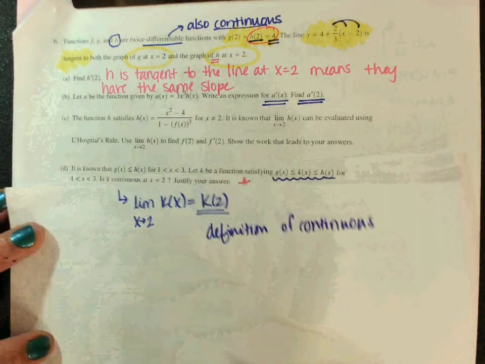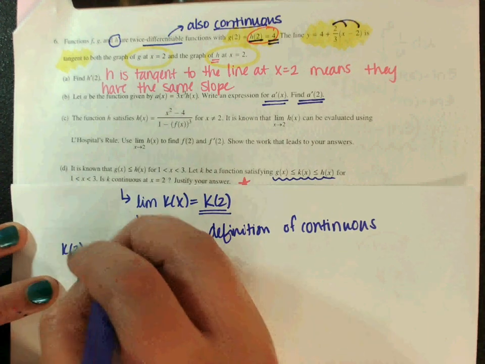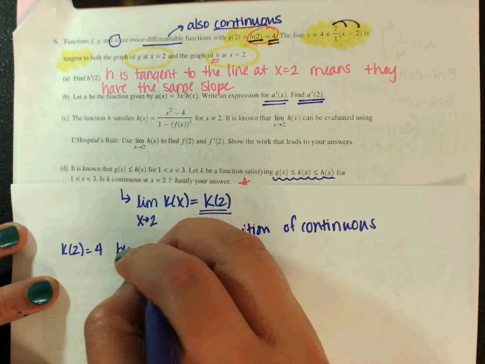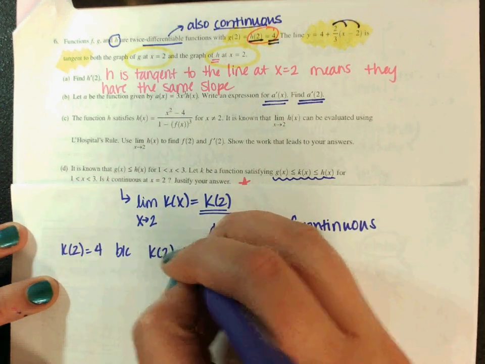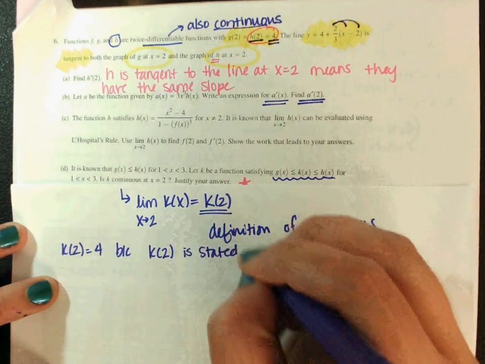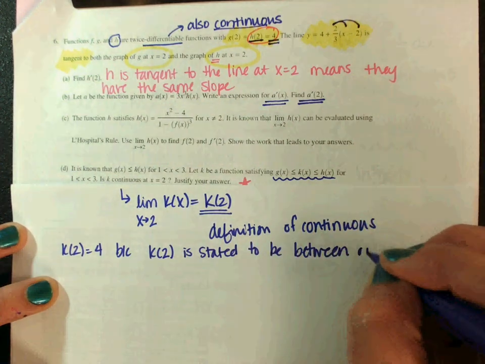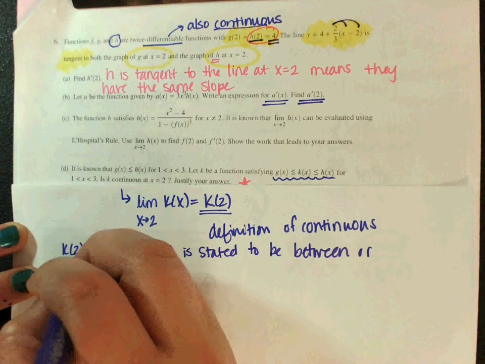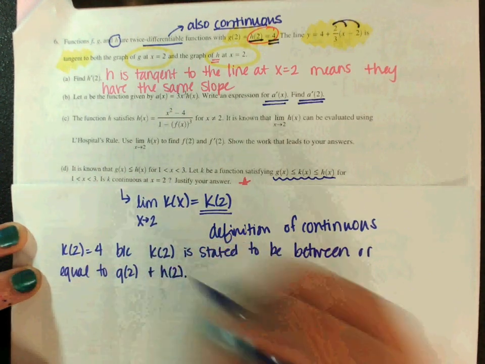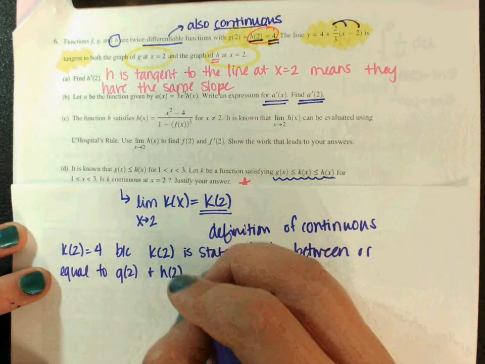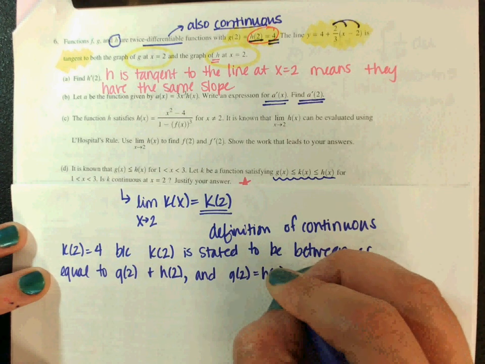So I'm going to put k of 2 equals 4 because k of 2 is stated to be between or equal to g of 2 and h of 2. And g of 2 and h of 2 are both 4.